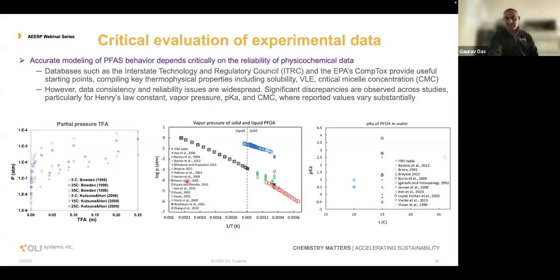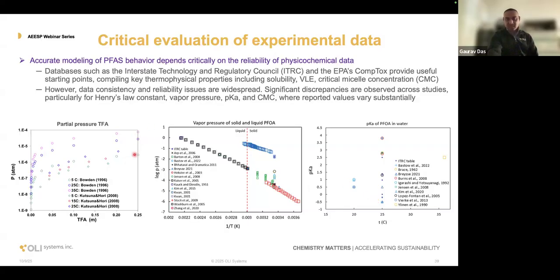Also, the vapor pressure, solid or liquid, for perfluorooctanoic acid also shows order of magnitude difference where data are available from different sources. And so do the pKa's of these compounds. At 25 degrees Celsius, it shows a large scatter. So identification of which set of data to choose in order to develop a trustworthy model is of utmost importance.